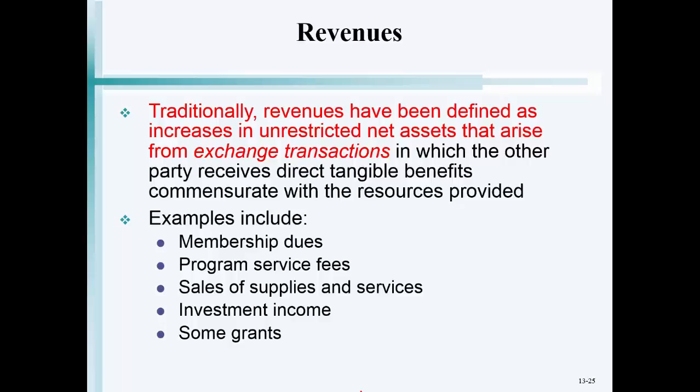Why does the IRS do that? Why does the tax law have that provision in there? Why don't they just let Save the Canines raise all the money they want from doggy grooming, as long as they use the money to help the dogs? I don't think that's their concern so much. You talk about tax evasion, the IRS trying to stop that.